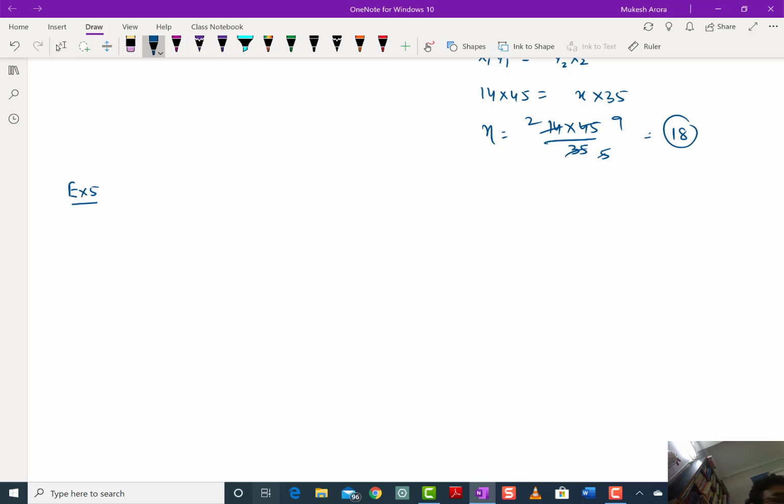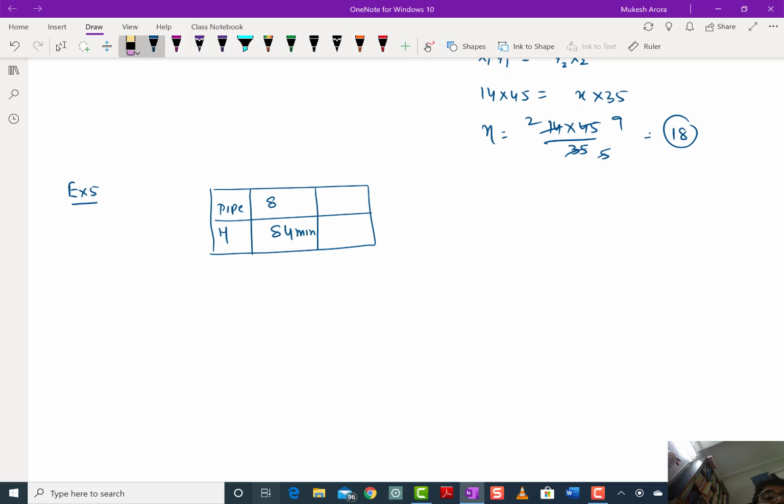Example 5. 6 pipes can fill the tank in 1 hour 24 minutes, meaning 6 pipes can fill it in 84 minutes. Find the time taken by 7 pipes to fill the tank.